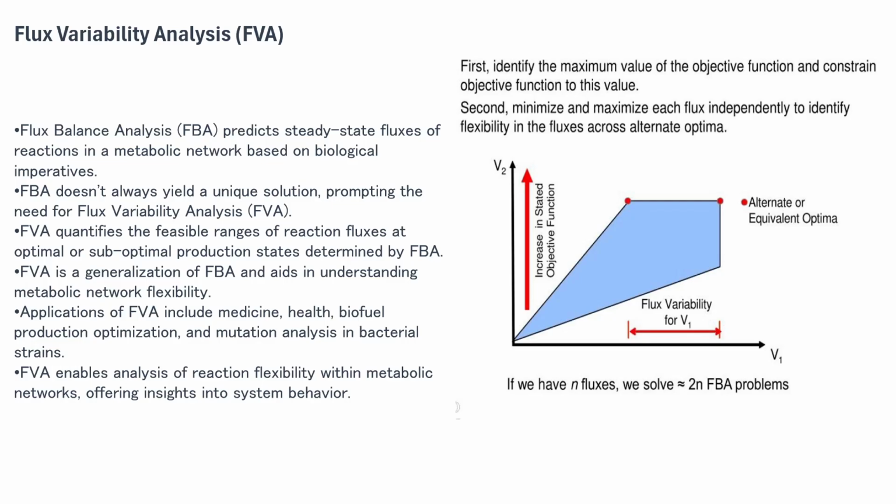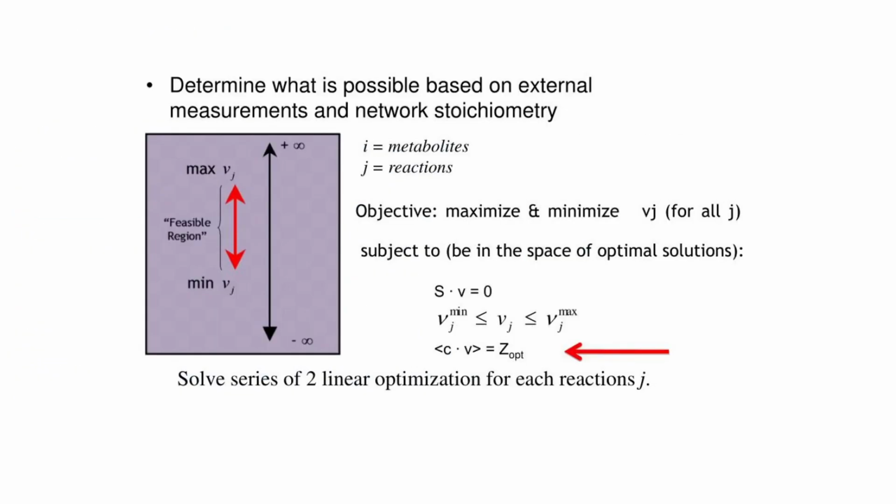So, what are the different steps of FVA? First, you identify the maximum value of the objective function, and you constrain the objective function to that. Then you minimize and maximize each flux independently inside that solution space to identify flexibility in the fluxes across the alternate optima. So if you have n fluxes, you'll have around 2n FVA problems. Basically, this is your max.